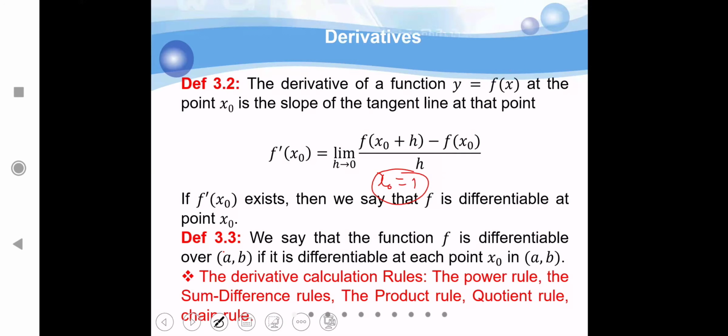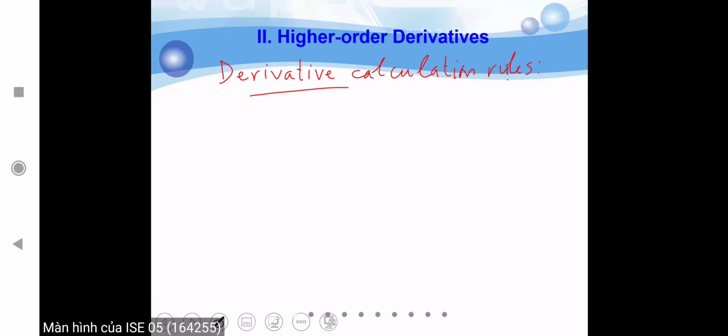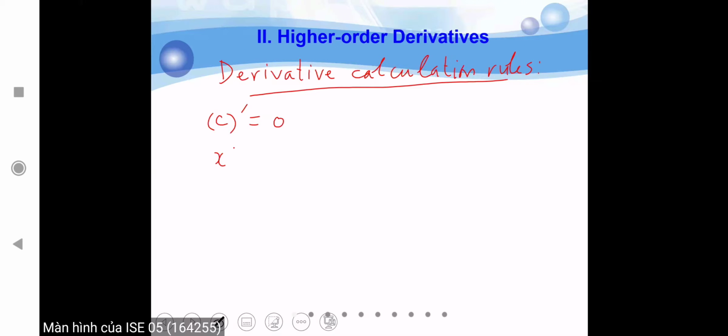The derivative calculation rules. The first, we have the constant derivative equal to 0, and the power rule. h to the power n derivative equals n times h to the power n minus 1.